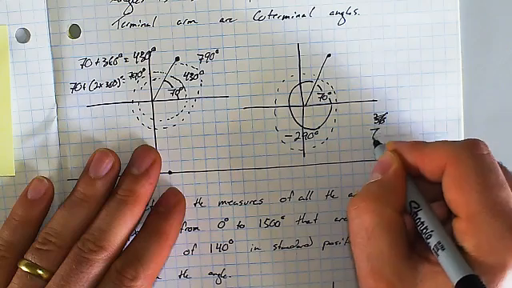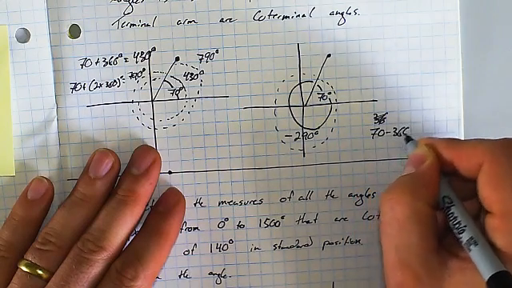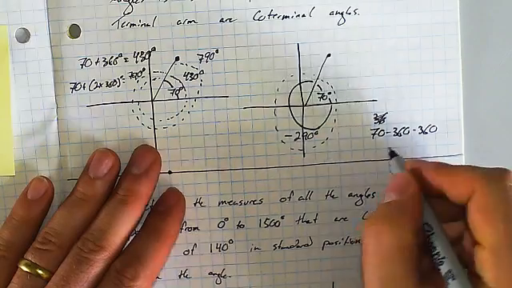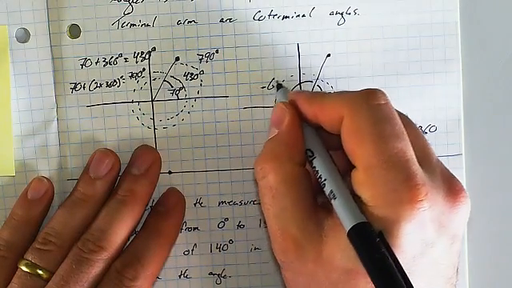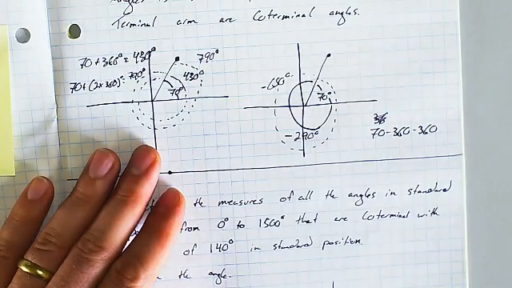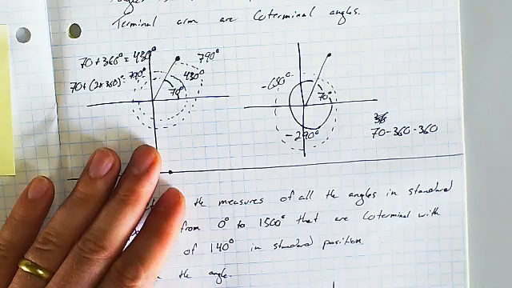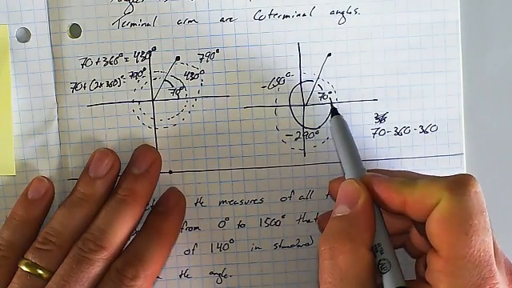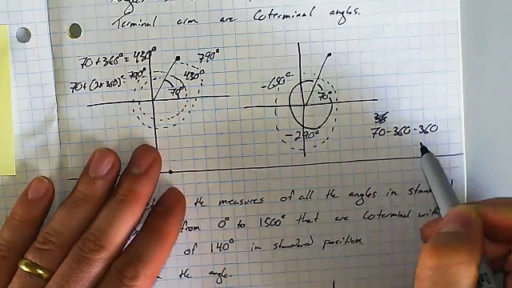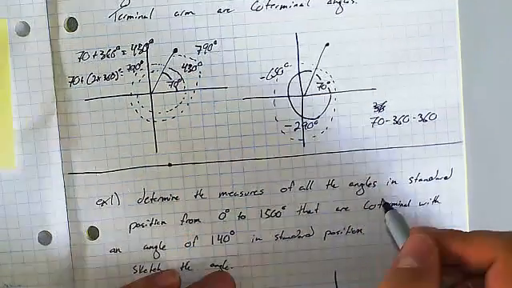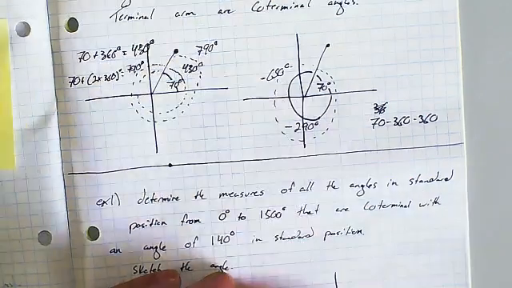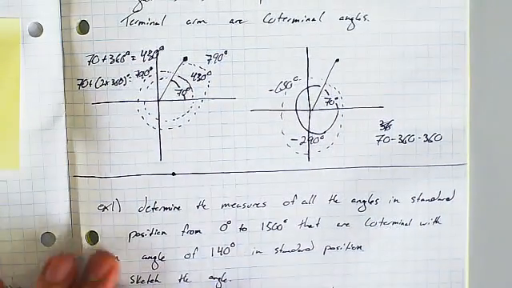I could go 70 minus 360 minus 360 for a total new angle of negative 650. Or you could go negative 290 then minus another 360, same thing. But basically, negative 290 and negative 650 are coterminal angles.